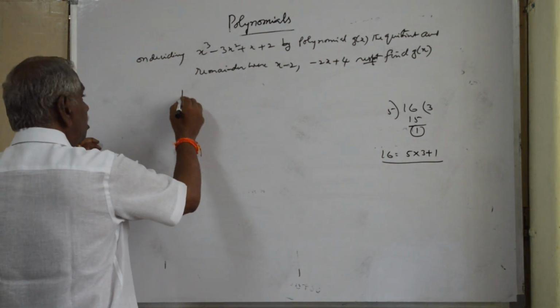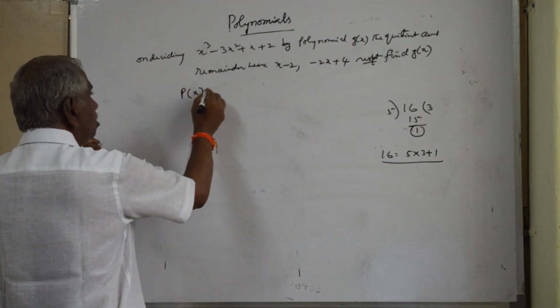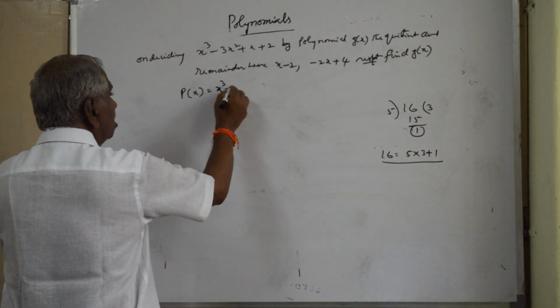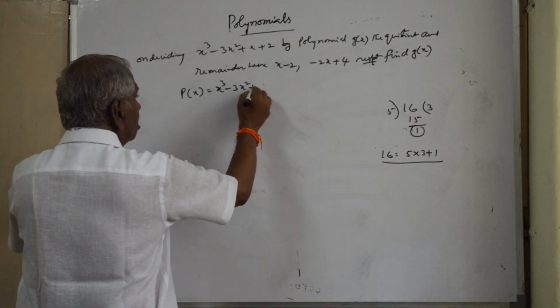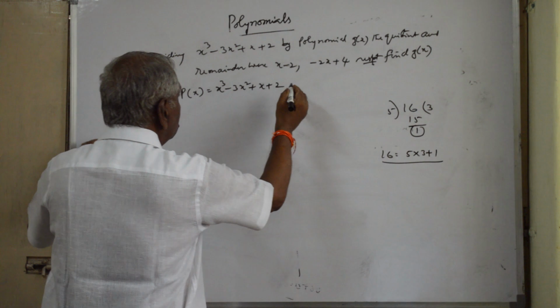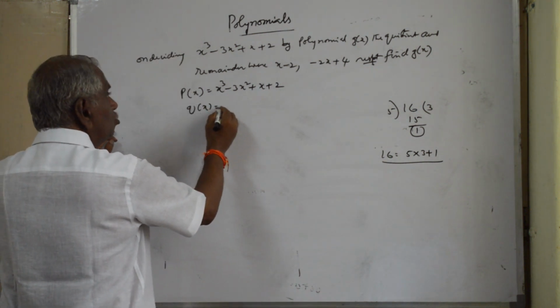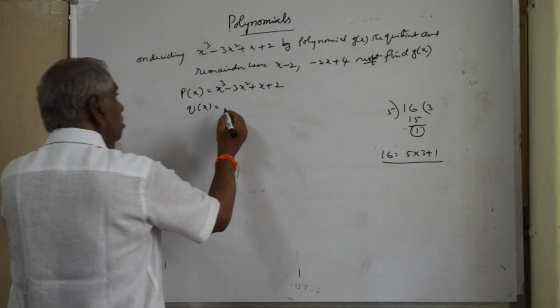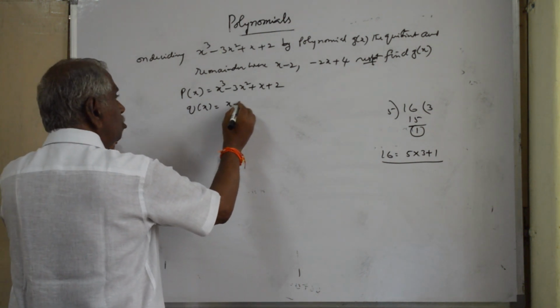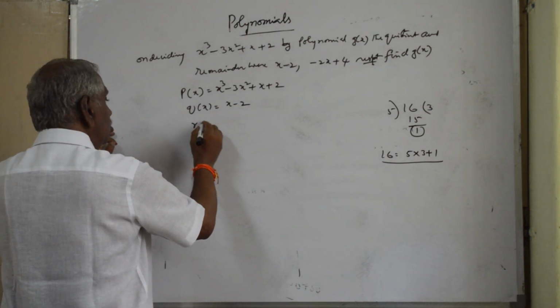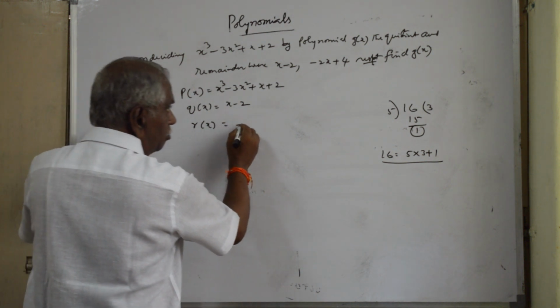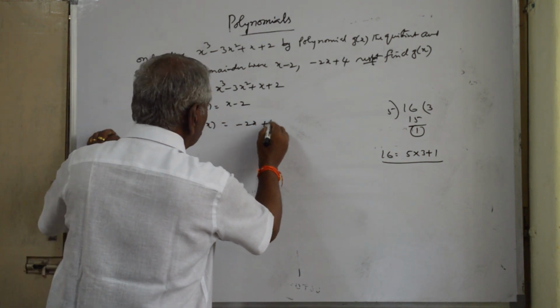Likewise, here let p(x) is equal to x cube minus 3x square plus x plus 2. Here the quotient q(x) is x minus 2 and the remainder r(x) is equal to minus 2x plus 4.